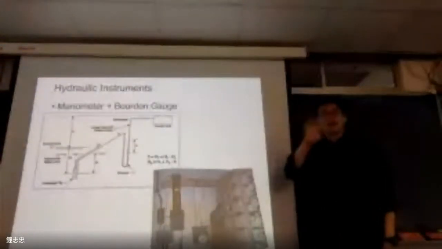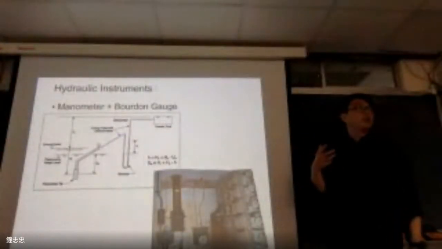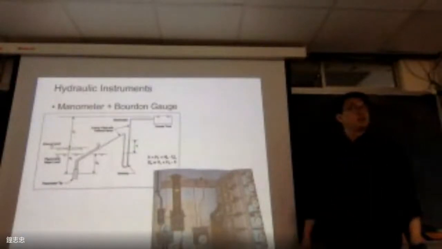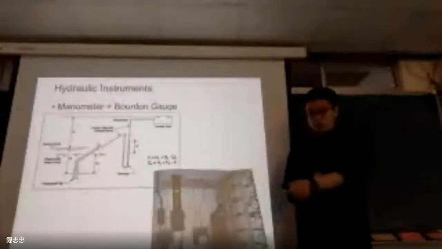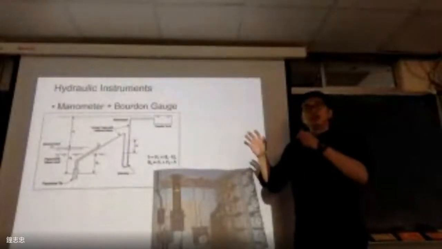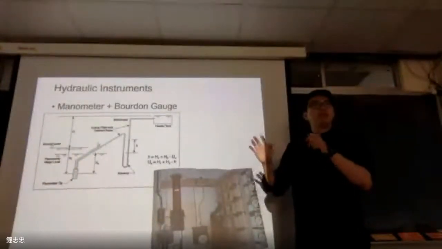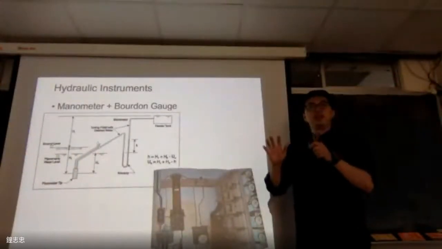So we will discuss this idea maybe in the next chapter. Okay, I'll let you have further understanding of this kind of measurement. But right now, I'm just trying to deliver the principle of the sensor and the transducer in the beginning.